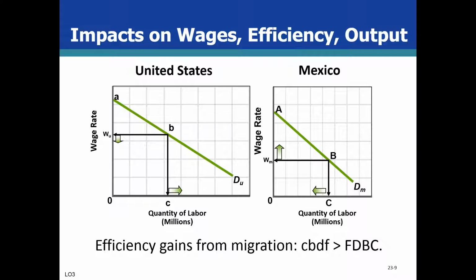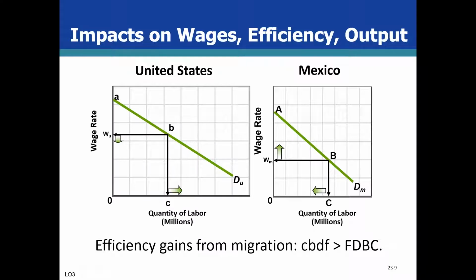On the left, we have the United States. The downward sloping green line represents the demand for labor. I want to say at the outset that you also need to understand the difference in the proportions of the two boxes. You can see that the proportion of the United States market is considerably larger than the Mexican market for this particular sector that we are looking at, okay?